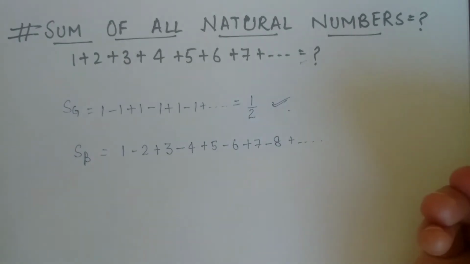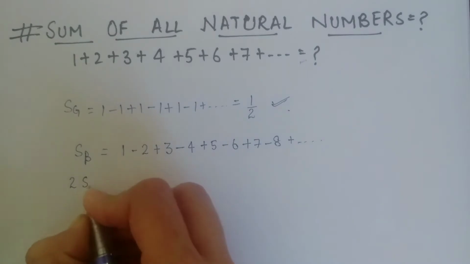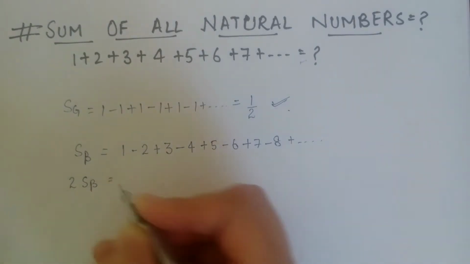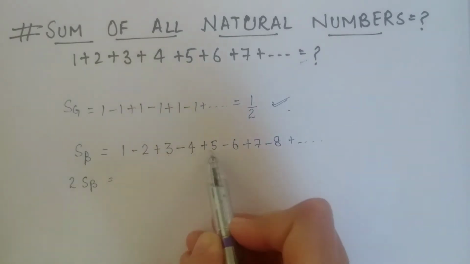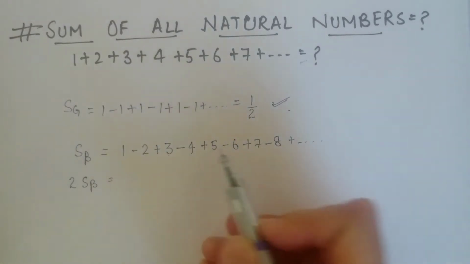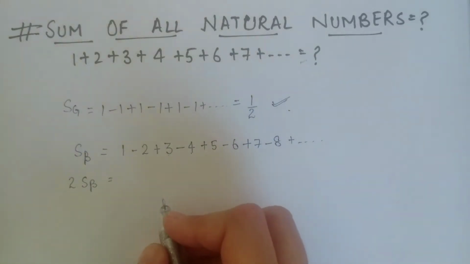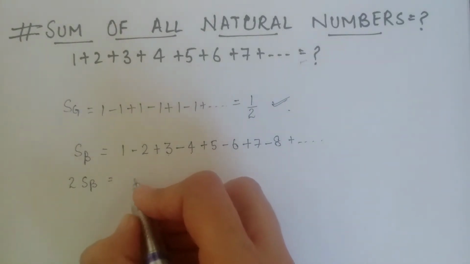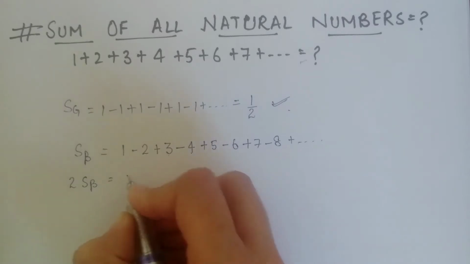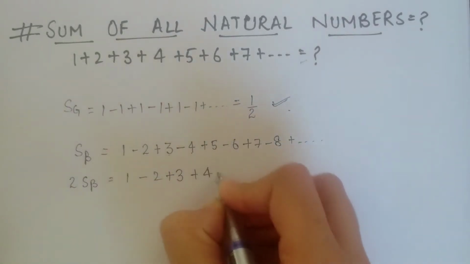So if I take 2 times of the series, 2 times S beta, it can be written as 2 minus 4 plus 6 minus 8 plus 10 and so on. There are many different methods for writing it. I am writing it as 1 minus 2 plus 3 minus 4 plus 5, and again writing the same numbers.